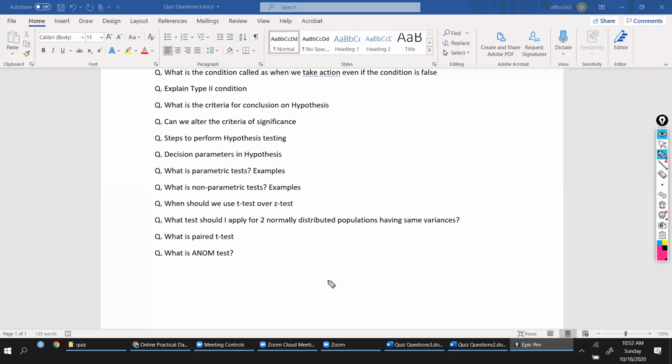What is ANOVA test case then? We discussed ANOM. What is ANOVA? ANOVA means analysis of variance.